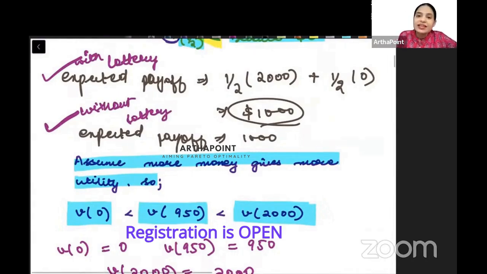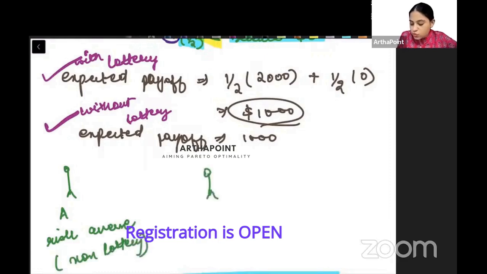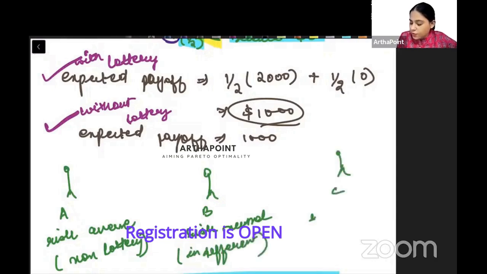So there can still be a case that individual A who is risk averse, he will prefer non-lottery. Individual B who is risk neutral, he will be indifferent. And individual C who is risk lover, he will prefer lottery.